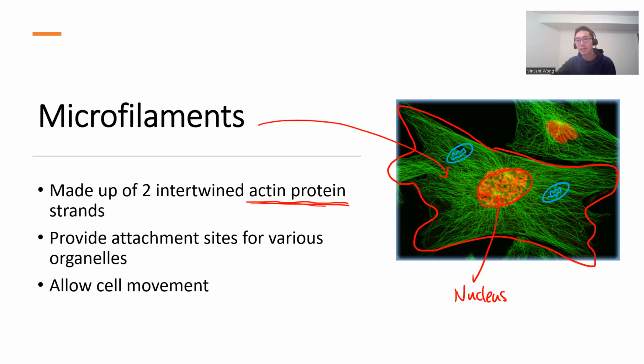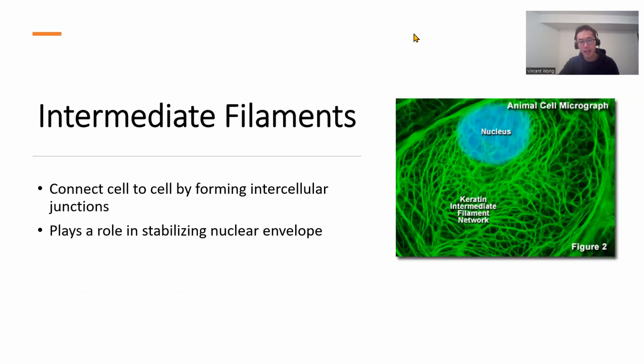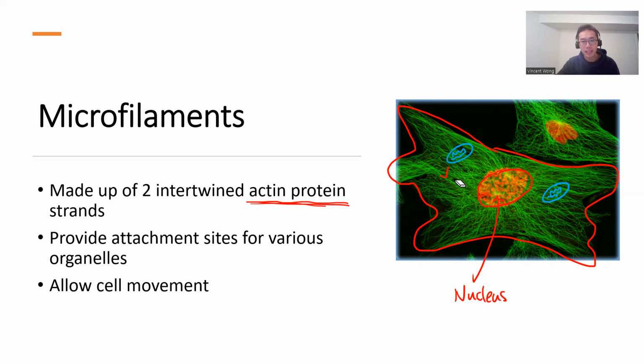The microfilaments can also help with movement. Let's say this cell right here on the screen wants to move to the right, for example. Then what it can do is break down all these microfilaments, and then push them to one side.